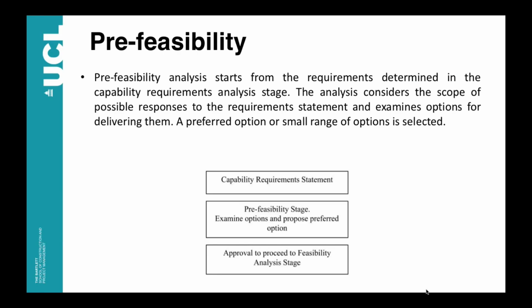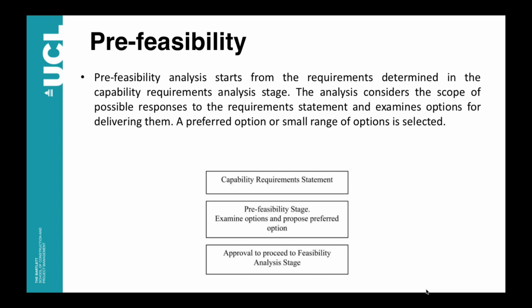In that stage, we will depart from the requirements determined in the capability requirements analysis. This analysis will help to consider the scope of the possible responses to the requirements statements. In this analysis, we'll take different options into consideration.